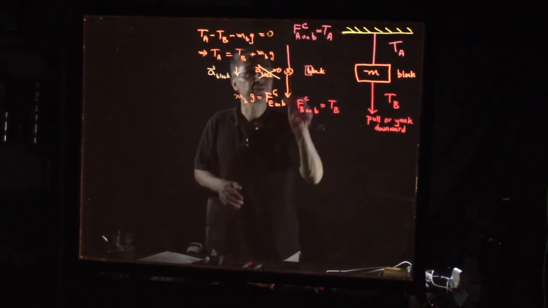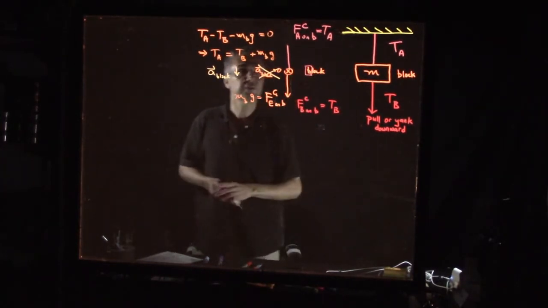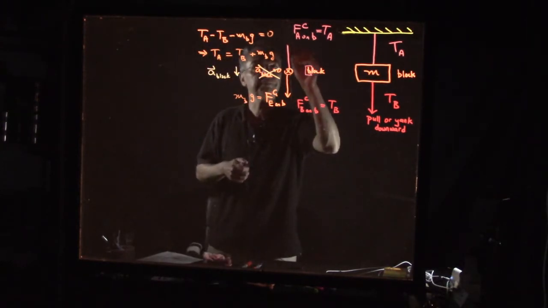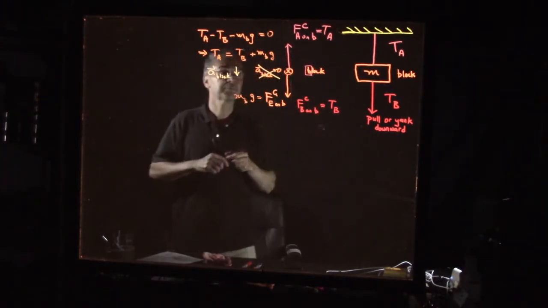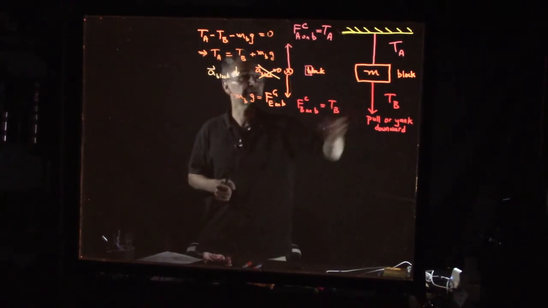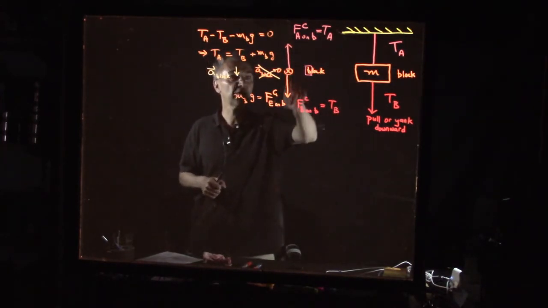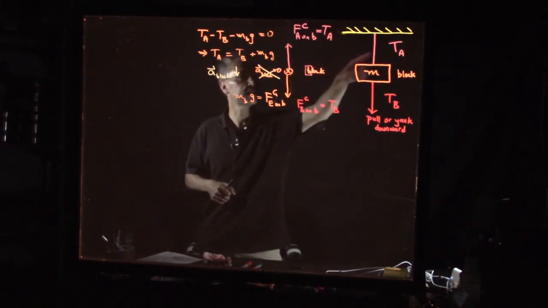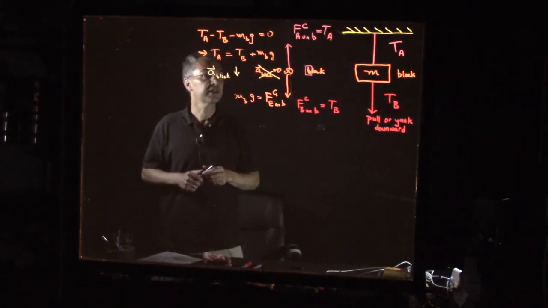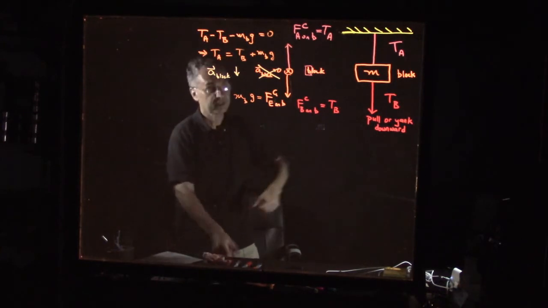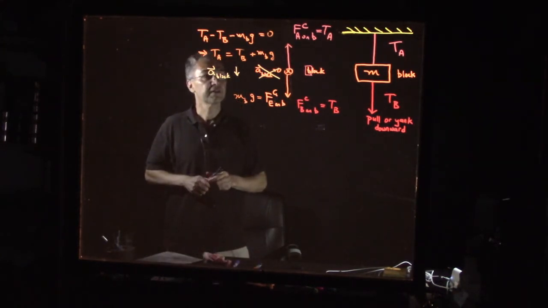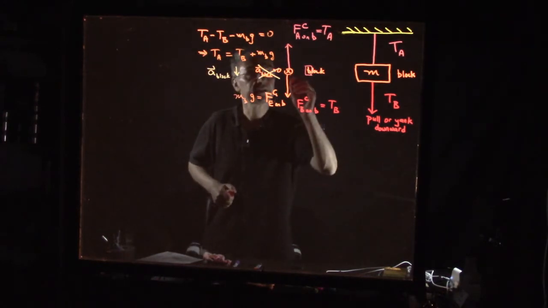So here's the case before this string goes taut. The weight of the block is just balanced by the tension in string A. But now I'm going to pull as hard as I can on the lower string.